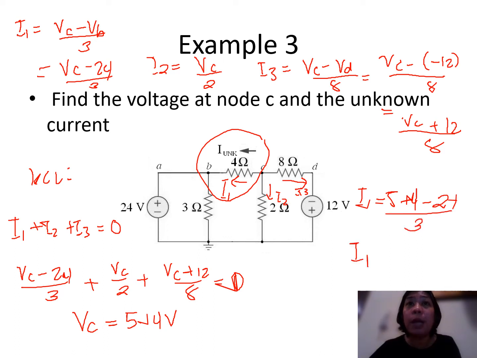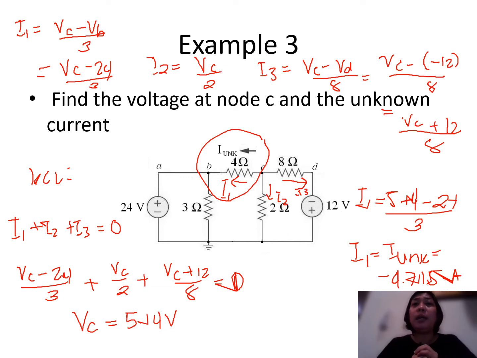Okay, so we solve for I1, which is also equal to our I unknown, and that is equivalent to negative 4.715 amperes.